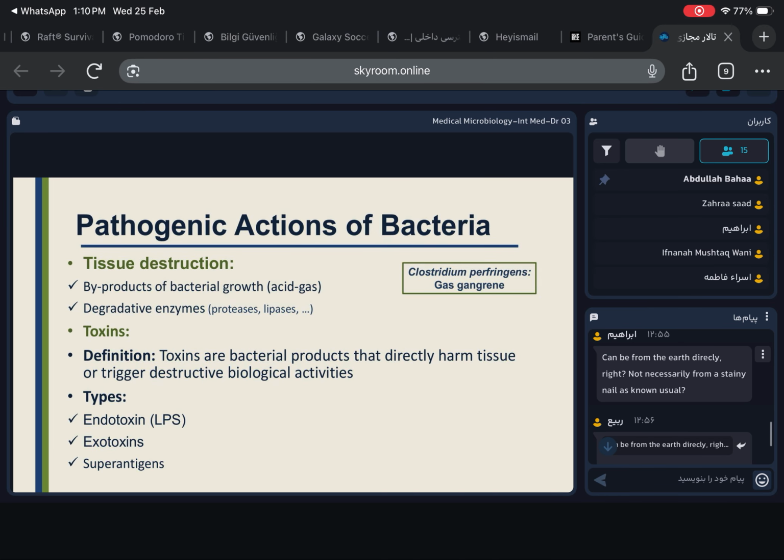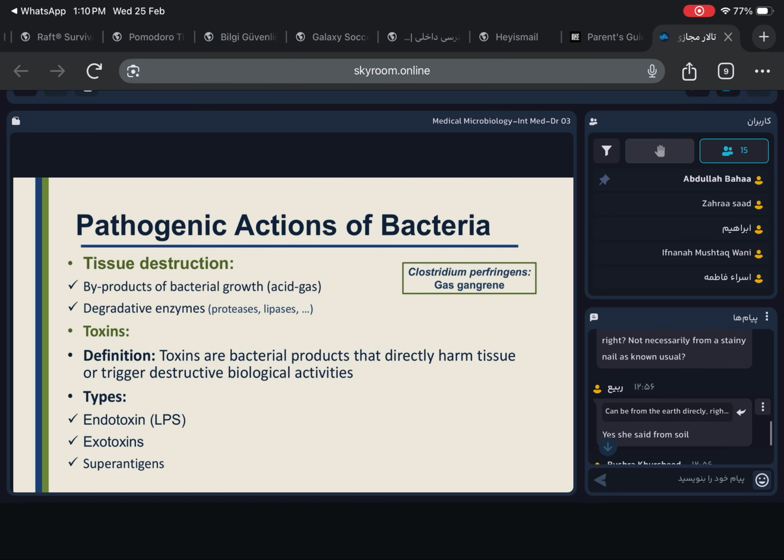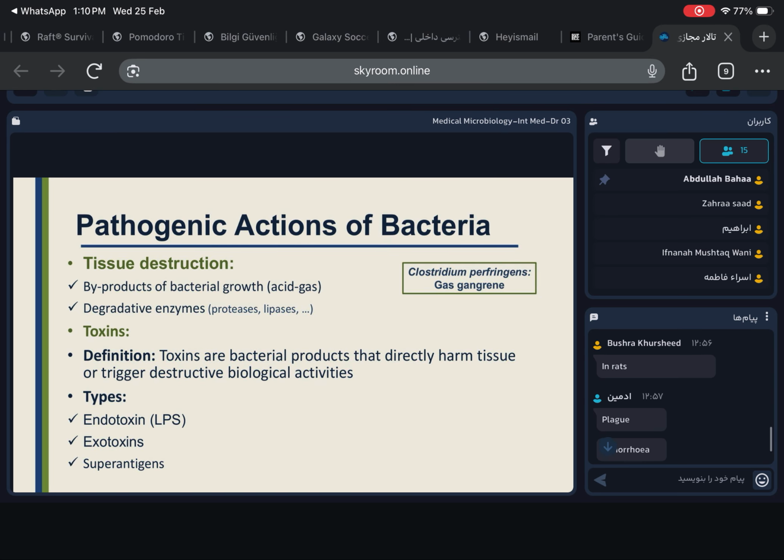When bacteria destroy... Which type of bacteria? Part of the cell wall. Gram positive or gram negative? Gram negative. Good.